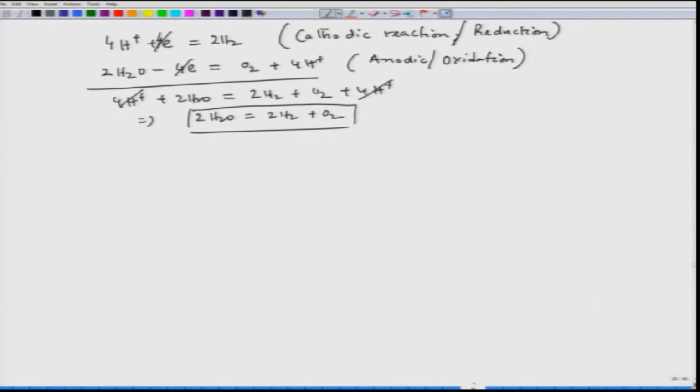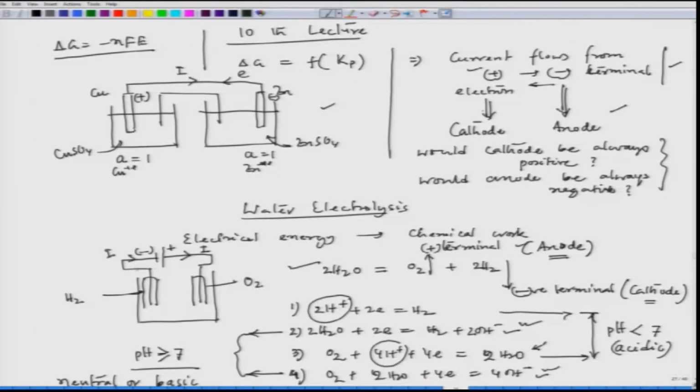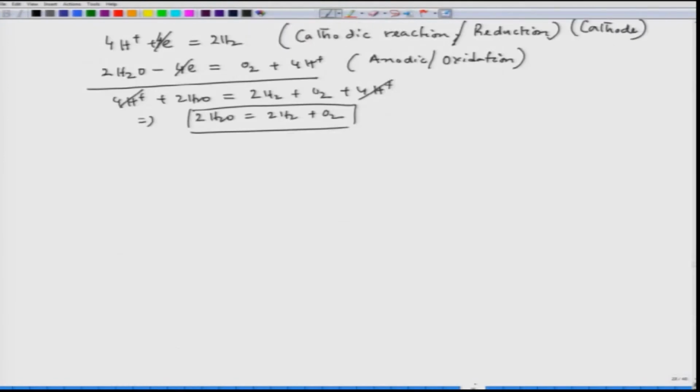But interestingly, this is the cathodic reaction, and cathodic reaction always happens on cathode. Since this terminal is negative, hydrogen ion will go there and get reduced. So, the cathodic reaction is taking place on cathode, but interestingly this terminal is negative.